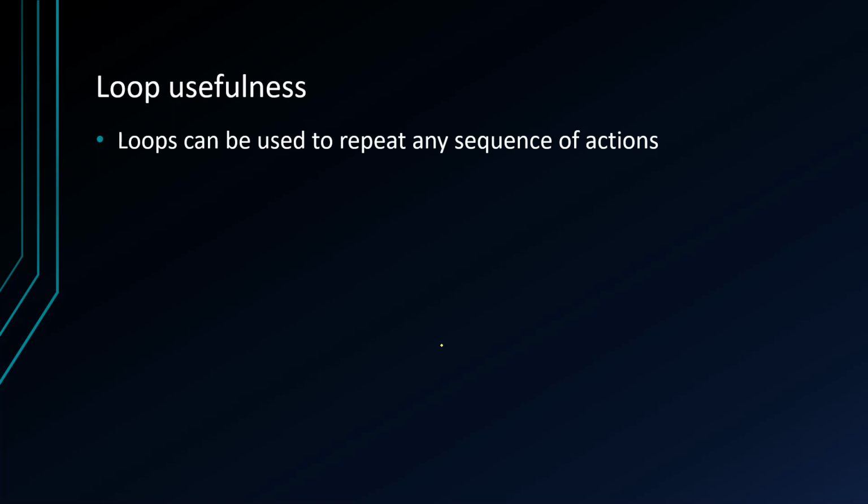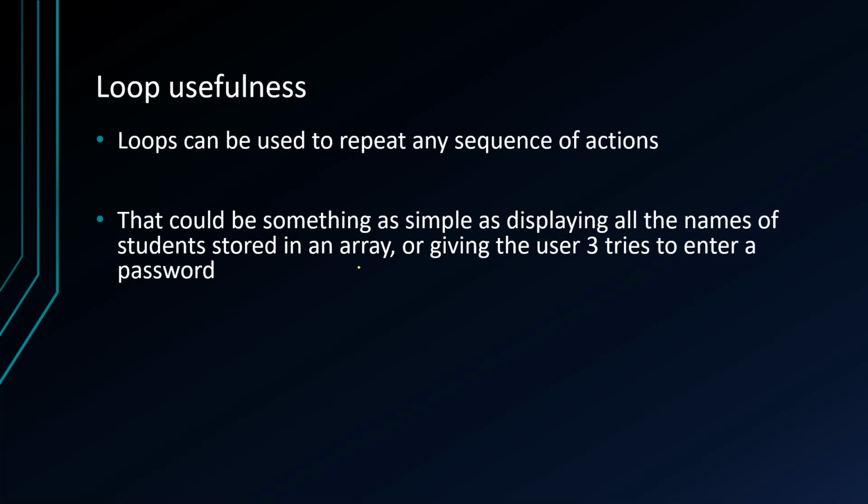So what makes loops useful? Loops can be used to repeat any sequence of actions. Absolutely anything. That could be something as simple as displaying all the names of students stored in an array, something that we've done quite a bit already. Or giving the user 3 tries to enter a password. That's a repetition.